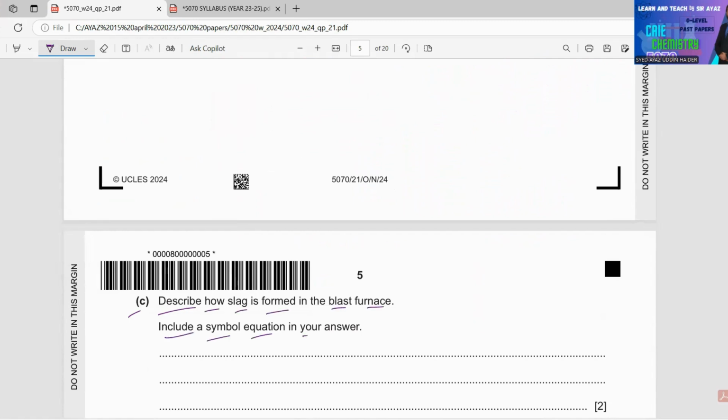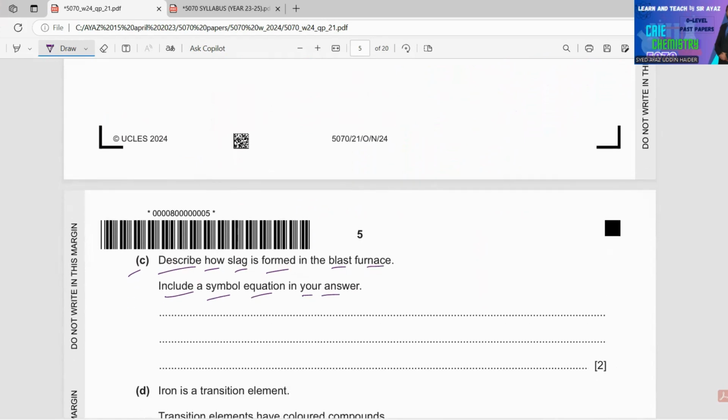Part C, describe how slag is formed in the blast furnace. Include a symbol equation in your answer. So you have to describe first what's happening. It's actually calcium oxide that reacts with silicon(IV) oxide. Silicon(IV) oxide is also known as sand.